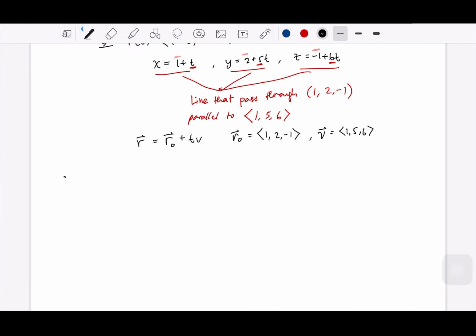Now, if we have another vector, let's say cos t i plus sin t j plus t k. If we describe this in parametric form, this is for x, this is for y, and this is for z.